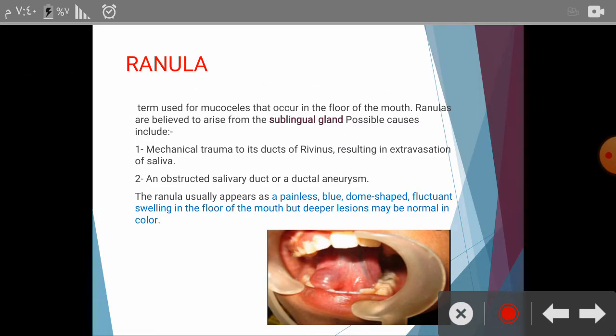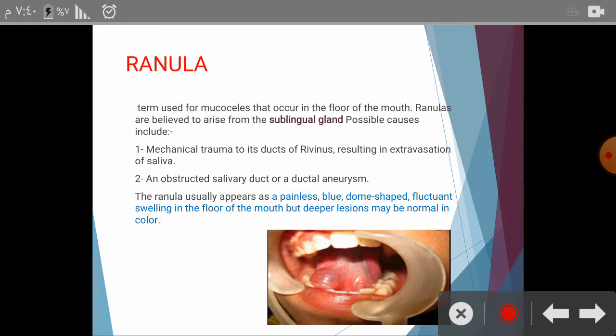Ranula is a mucocele that occurs in the floor of the mouth and arises from the sublingual gland, and it's much bigger than the mucocele. The possible cause is mechanical trauma to its duct, resulting in extravasation of saliva and obstruction of the duct.